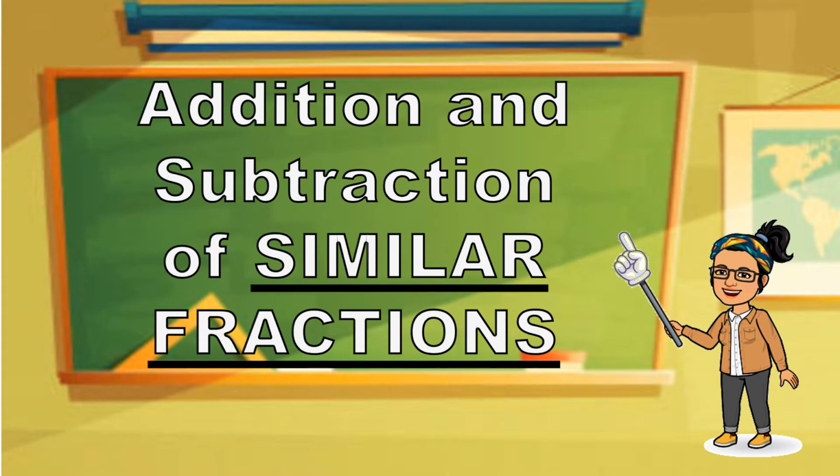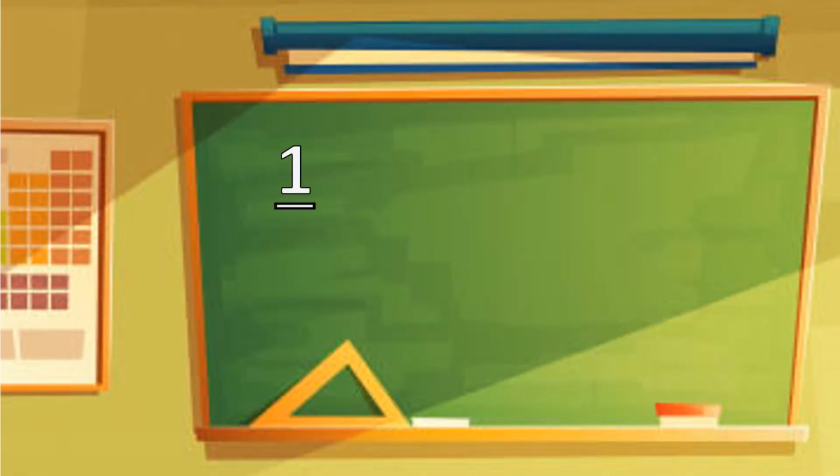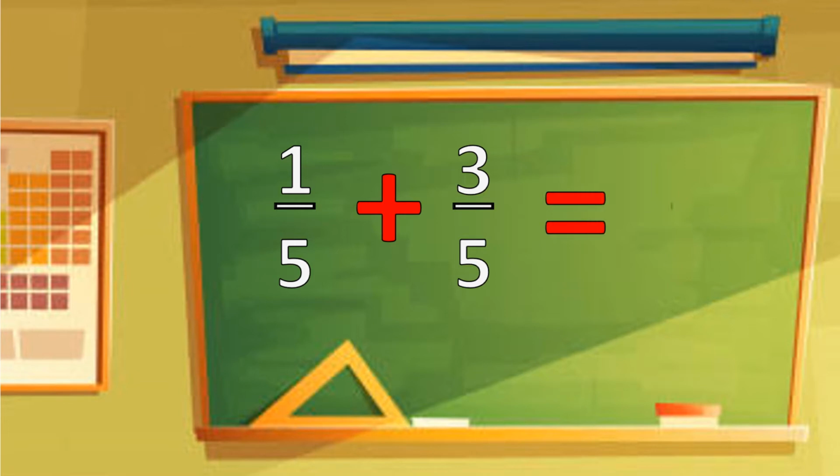Okay, let's start our discussion with addition and subtraction of similar fractions. So let's have an example. Let's add 1/5 and 3/5. Again, these are similar fractions because their denominators are the same.